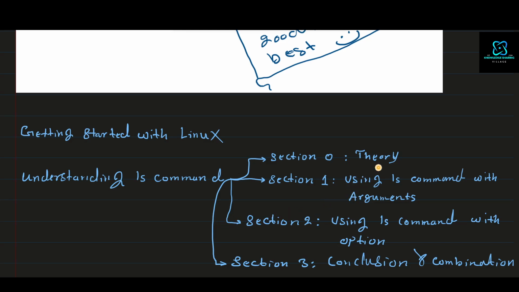The first section, which is section 0, is theory. We are going to learn the necessary theory behind it. Then in section 1 we are going to learn about using the ls command with just arguments. In the third section we are going to learn about using the ls command with just options.